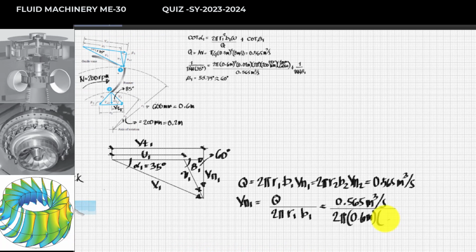Now, using your calculator, we can solve the value of your Bn of 1, or let it be the normal velocity at point 1, so that is equal to 14.987. So this is in terms of meter per second, or say we can round this one into 15 meter per second.